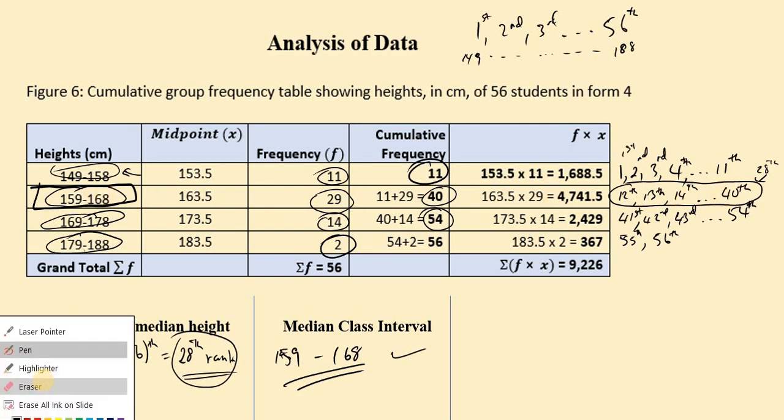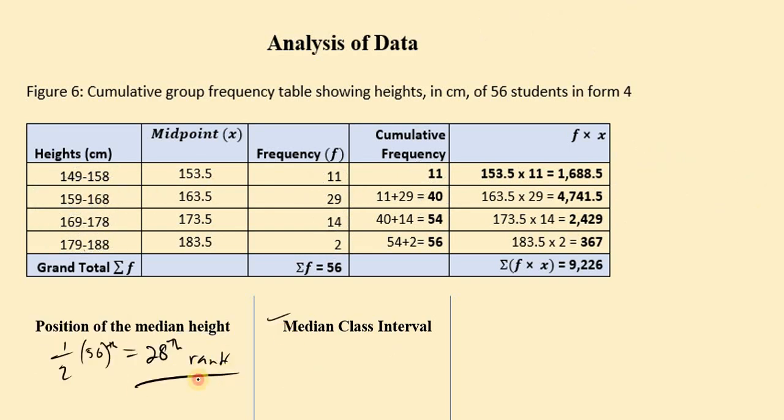Let's look at an easier way to get this. Rather than listing them out like that, which takes a lot of time, we go to each cumulative frequency and we ask, have we passed the 28th rank as yet? Once we have passed the 28th rank, we check that cumulative frequency value's class interval, and that would be where the median lies.